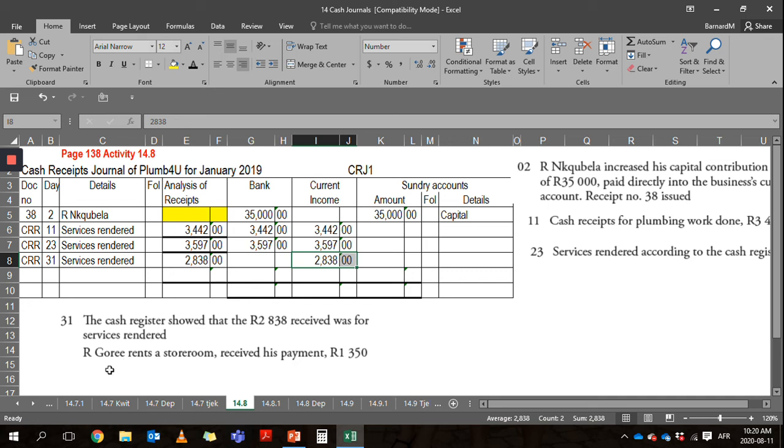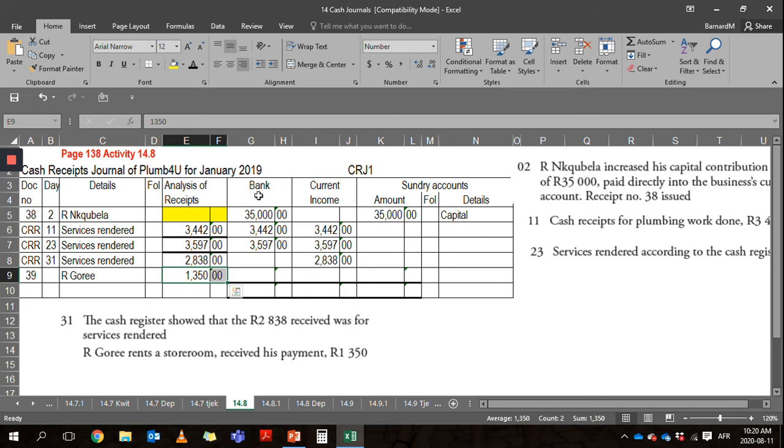So that transaction said, our courier rents a storeroom and we received his payment. So that means we will give him a receipt, so it will be the next number, which is 39. It will be our courier, 1,350.